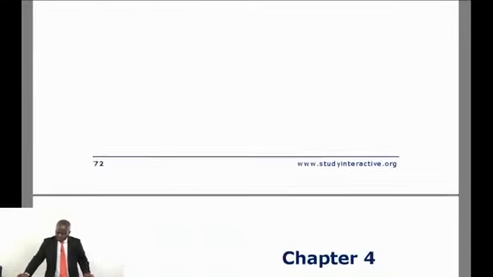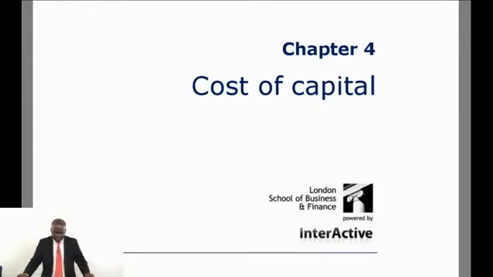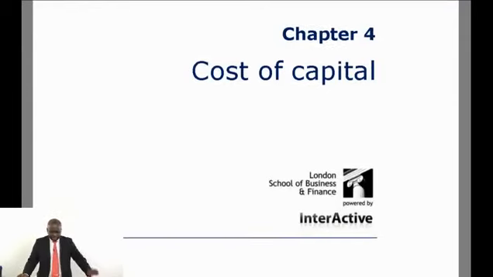So now let's go to chapter number 4, which is going to deal with the cost of capital. Cost of capital is going to cover chapter 4, chapter 5, and then chapter 6, up to chapter 7.